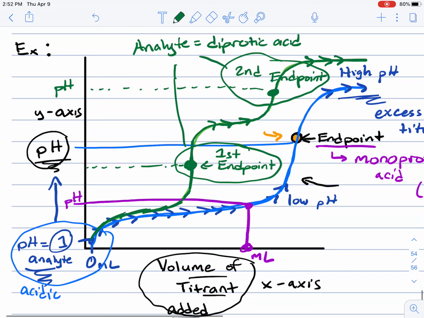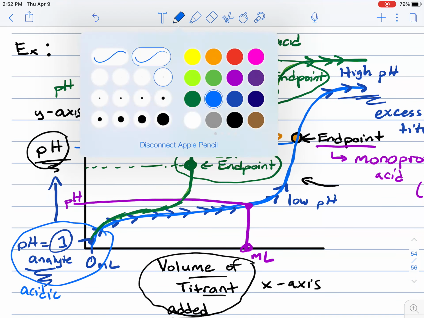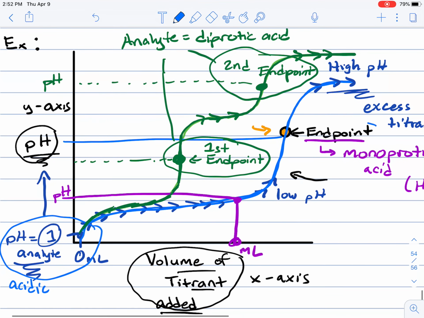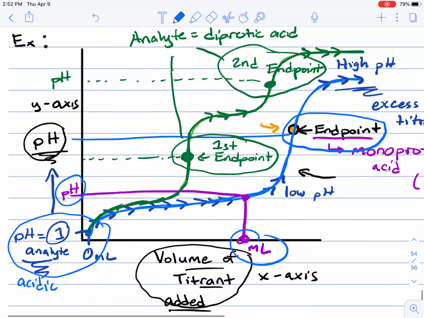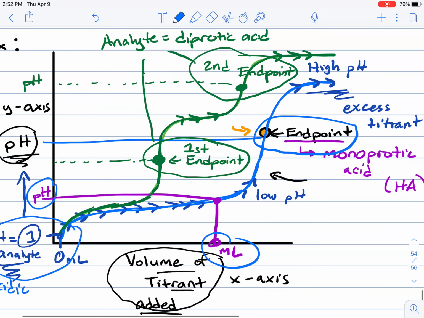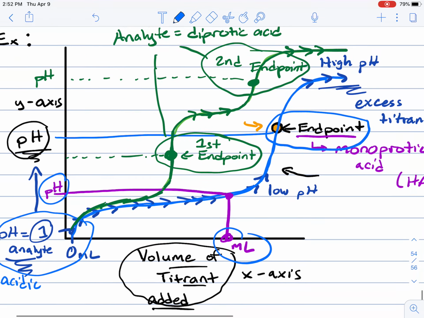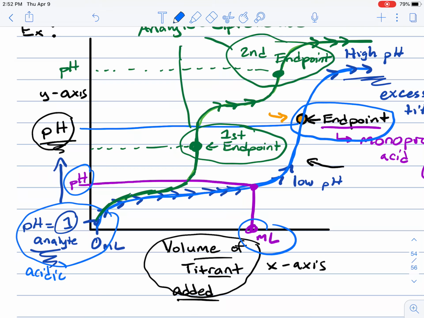Okay. And so the take-home message is that we can use the titration curve to figure out the endpoints. We can profile it to determine the pH if we add a specific amount of titrant. We can determine if it's a monoprotic, diprotic, or triprotic acid, depending on the number of endpoints that we see. We can determine if the analyte is acidic or basic, depending on where the titration curve starts.